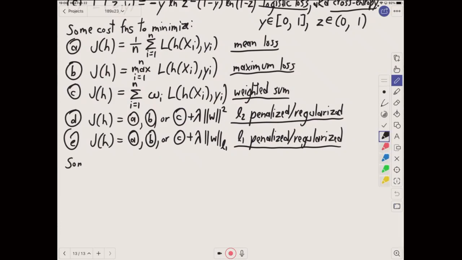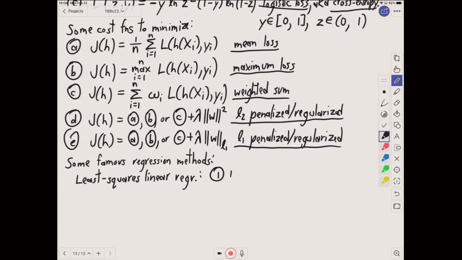All right, so let's take these menu items and put some of them together. I'll give you a list of 7 very well-known regression methods. Of course, the most famous is least squares linear regression, which I'm betting almost all of you have heard of before, if not studied in some other class. And there we take options 1 and a and little a.